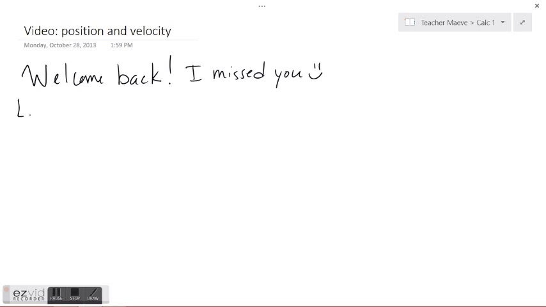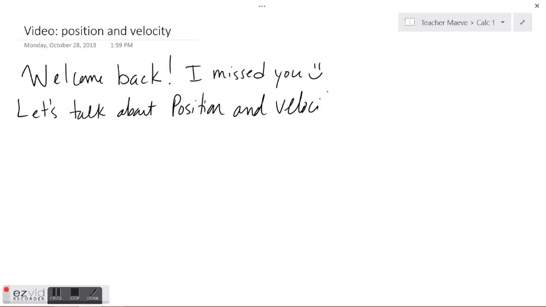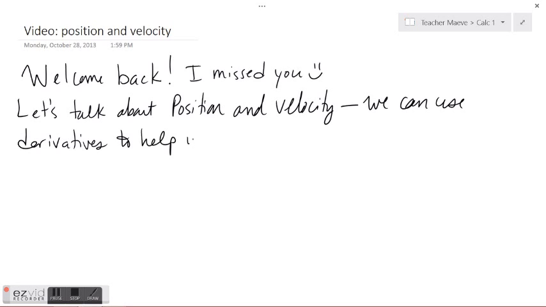Very sweet, how sweet. Today we're going to talk about position and velocity. The nice thing is that we can use derivatives, the thing that you've been learning, to solve problems about position and velocity and their relationship to each other.